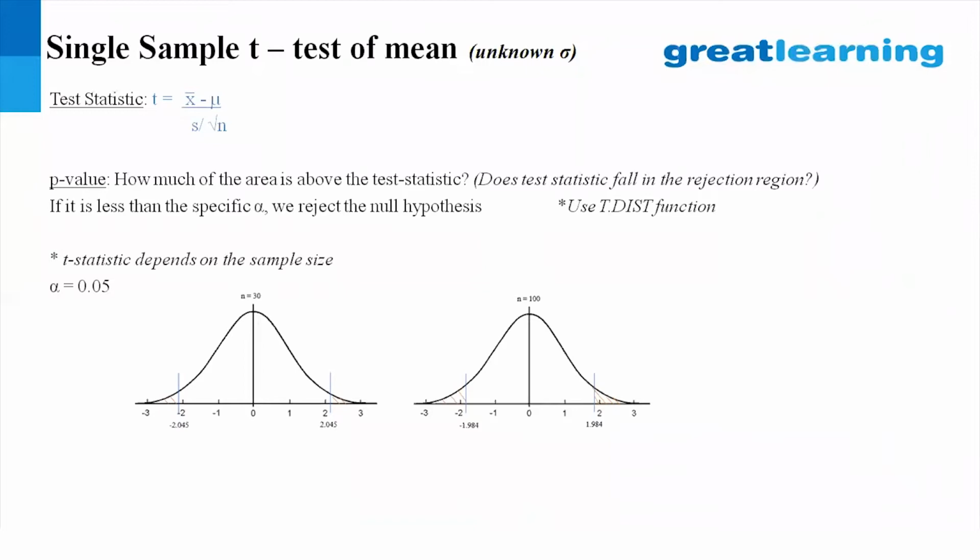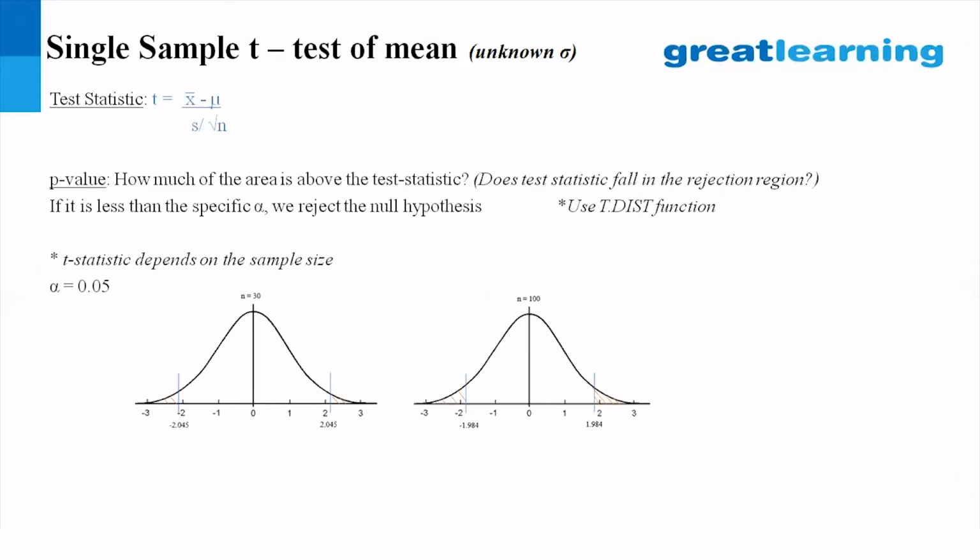If I increase my sample size, my critical values come closer to the centered mean. So for a sample size of 30, they were plus minus 2.045. If I increase it to 100, they come to plus minus 1.98. So as you increase the sample size, keeping the alpha same, your t-stat value changes. It will vary depending on the sample size.